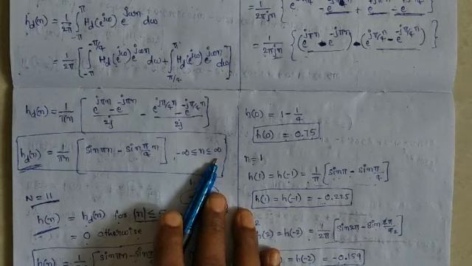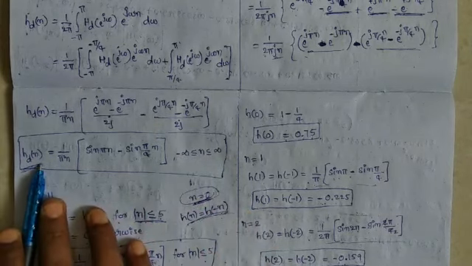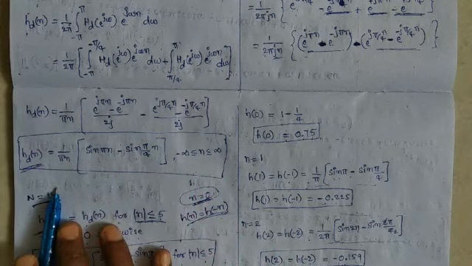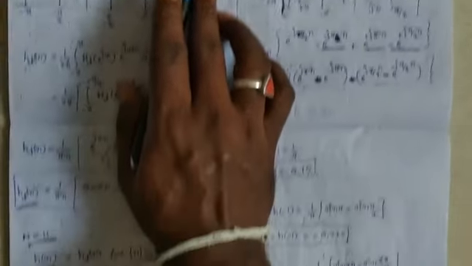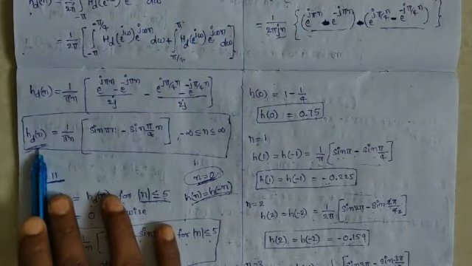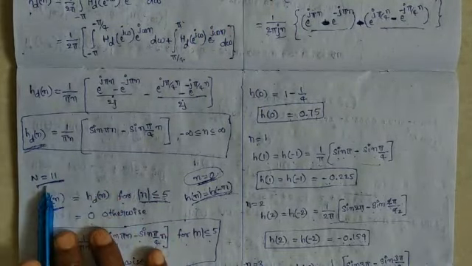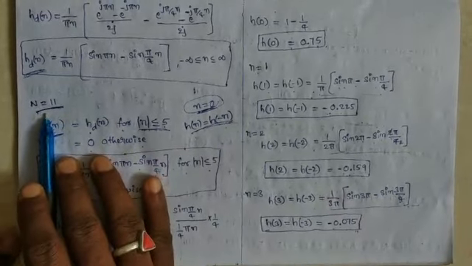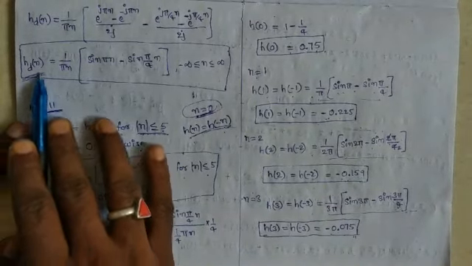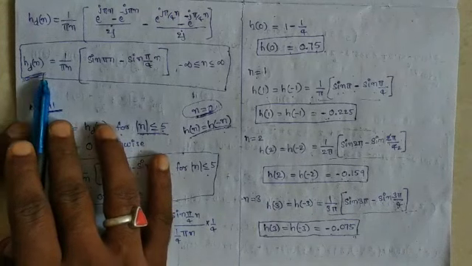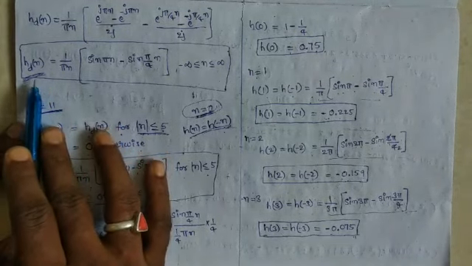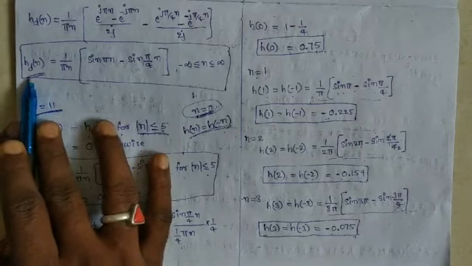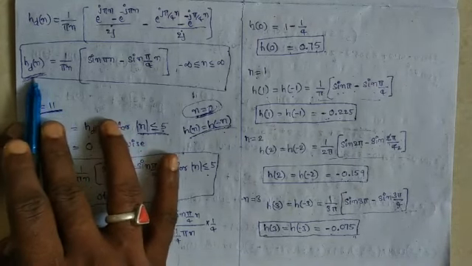Now we are truncating this hd of n to capital N samples, where capital N is equal to 11. hd of n is the symmetrical impulse response.